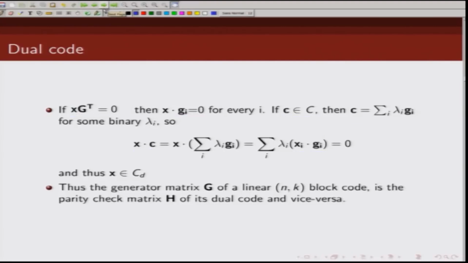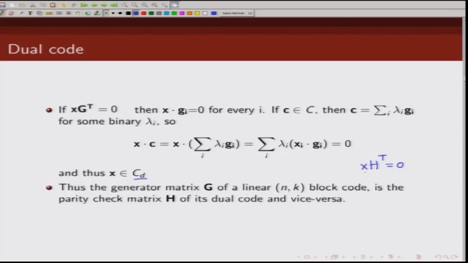Now, we also know that if X belongs to a particular code, let us say the dual code, and X is a valid code word, then we know this property holds, that the code word times the parity check matrix transpose is basically equal to 0.